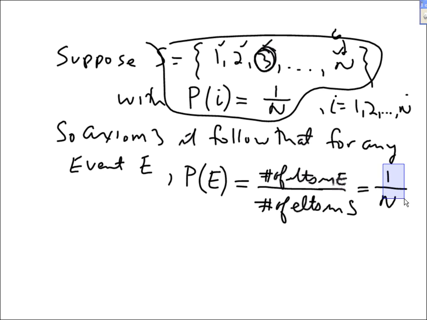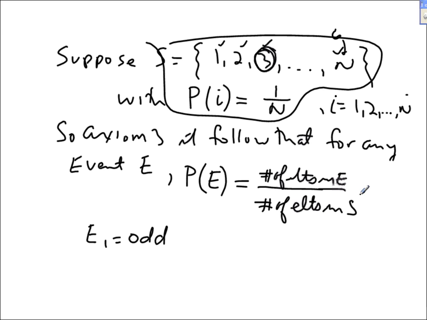But I don't want to leave this here because this is not always true. Okay, now what do I mean it's not always true? Well, now we're talking about a regular die.